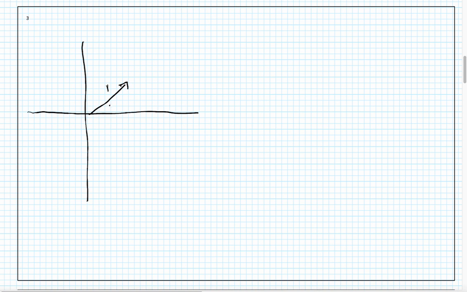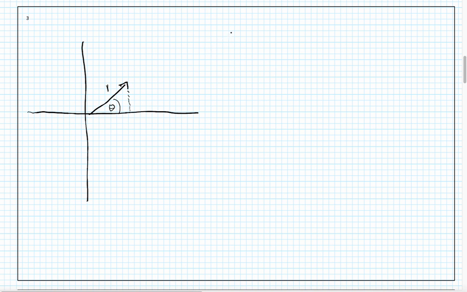And I want you to imagine that I have this angle here, theta. And I want you to think about this triangle that happens here when I project this down onto the x-axis. Now we have to go back and talk about some trigonometry.